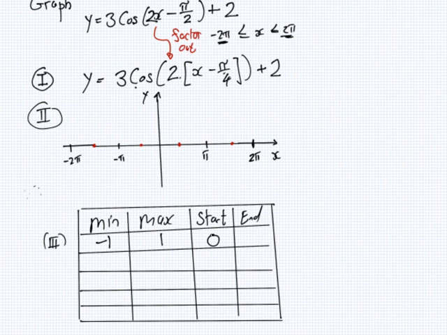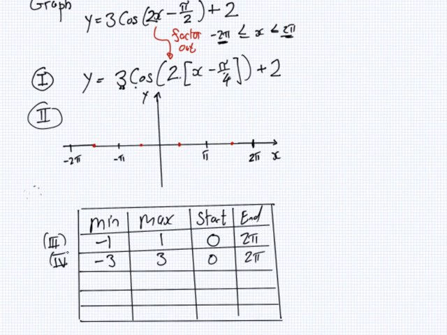On the x-axis, it starts at 0 and finishes at 360, or in this example, 2 pi. Step 4. Let's look at the A. The A is 3. So how would the graph change if the A was 3? Yeah, the minimum and maximum change. So this becomes -3 and 3.